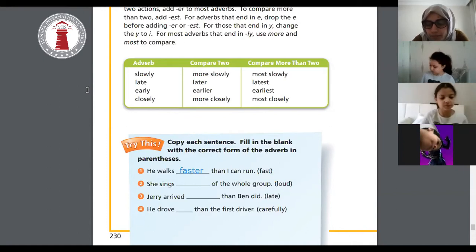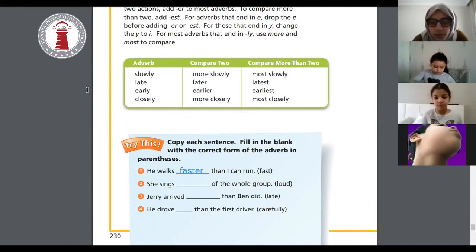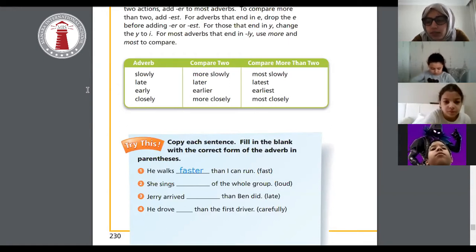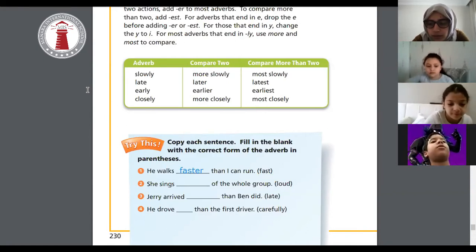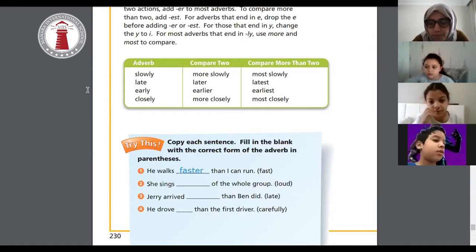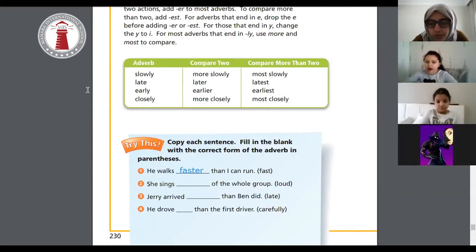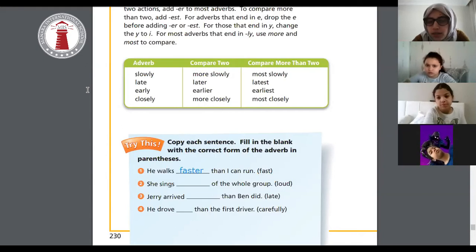Okay. Can you please read number 2? Yamin, do you not have your book ready? No, I have it. Yamin, number 2 and try this.